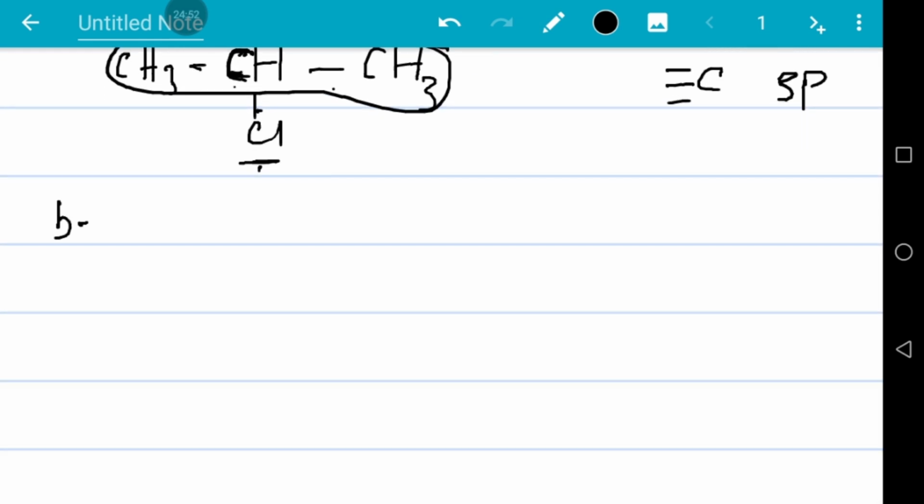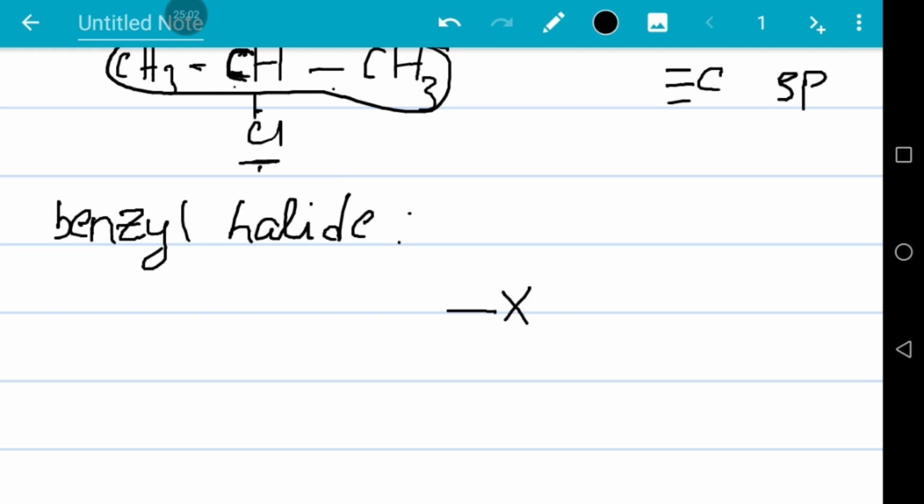Next, second one is the benzyl halides. So what is the benzyl halide? Means halogen is attached to sp3 hybridized carbon, which is adjacent to the benzene ring, then it is known as benzyl halide.